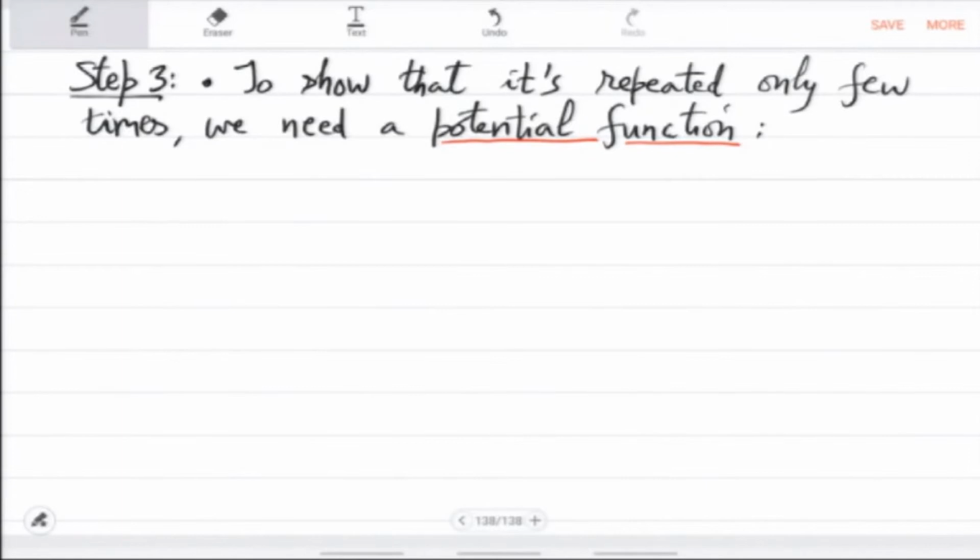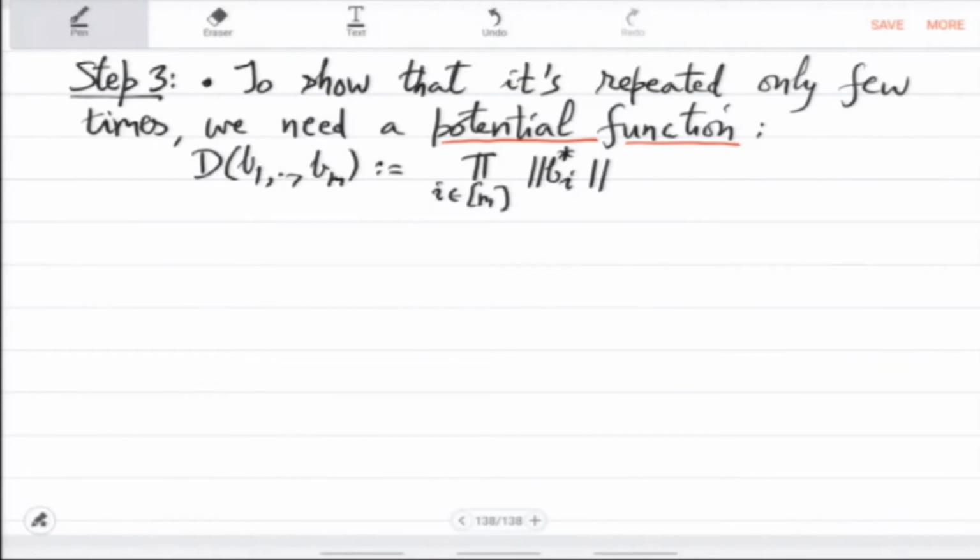So we will use the following potential function. It will be the product of the lengths of bi star, but remember you want this thing to reduce with every swap. So intuitively what was happening, some bi star was larger than bi plus 1 star, right?